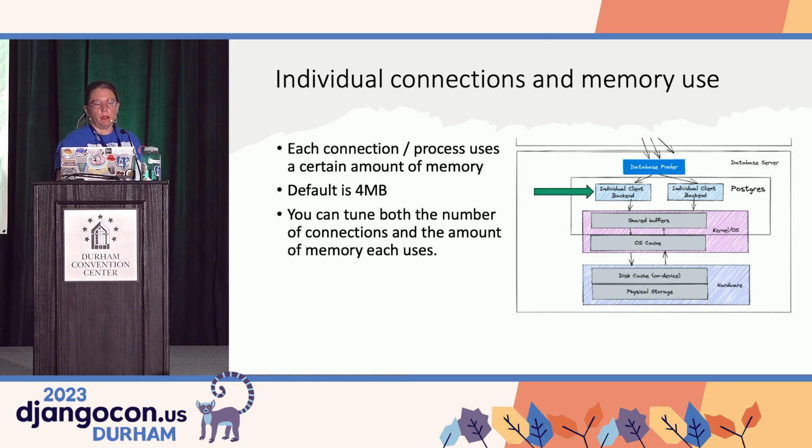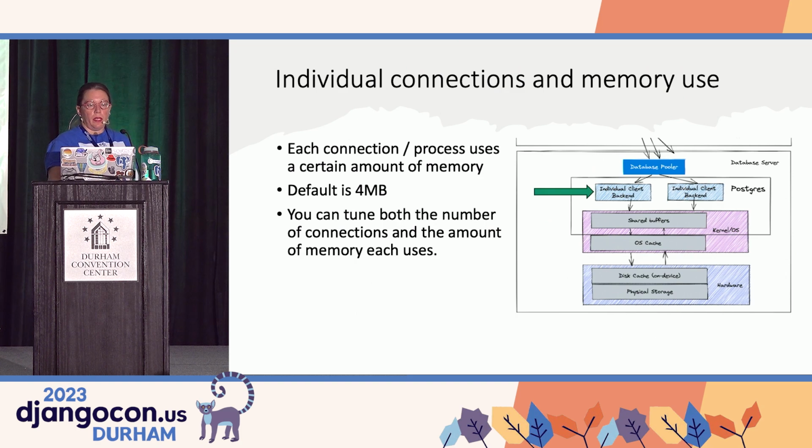So each individual connection to Postgres, those individual client backends, each of those connections uses its own memory. And so Postgres will default to 4 megs for each of those connections.